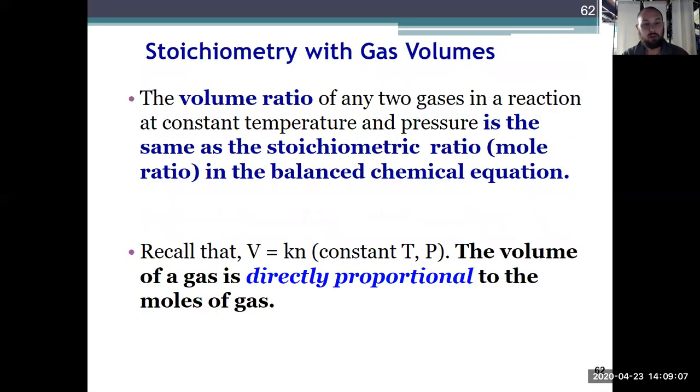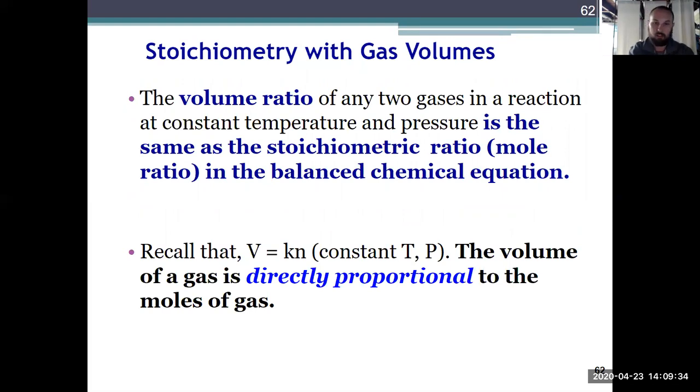But what's unique about gases is something that's known as the volume ratio. If we are assuming ideal gas behavior, the volume ratio of any two gases in a reaction, provided we don't change the temperature or the pressure when that reaction undergoes, is the same as the ratio of the moles in our balanced chemical equation.